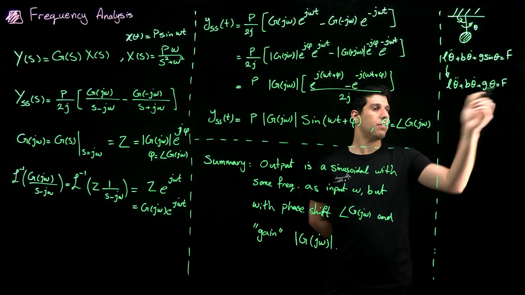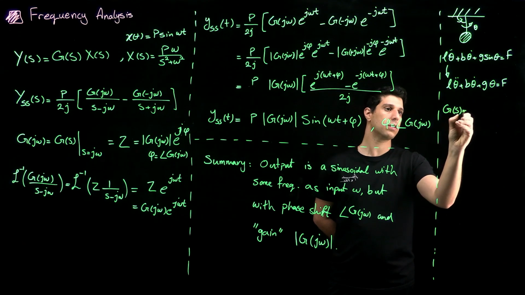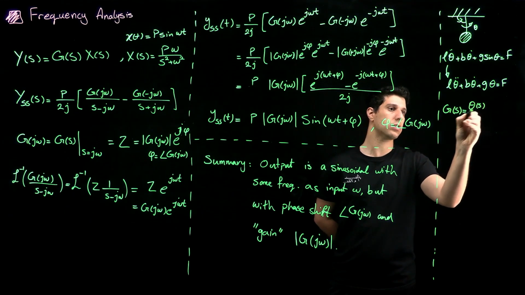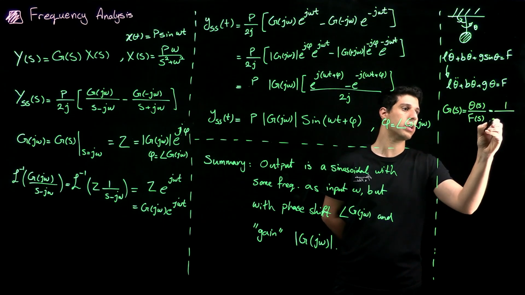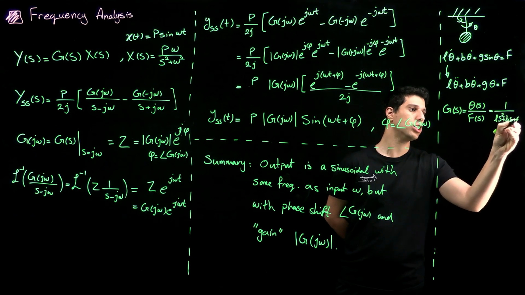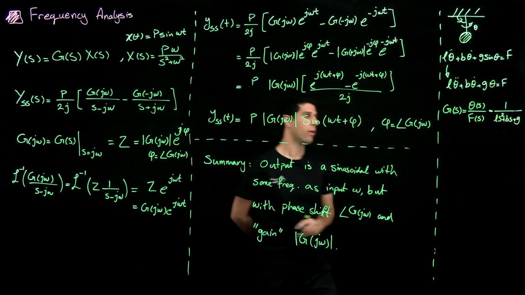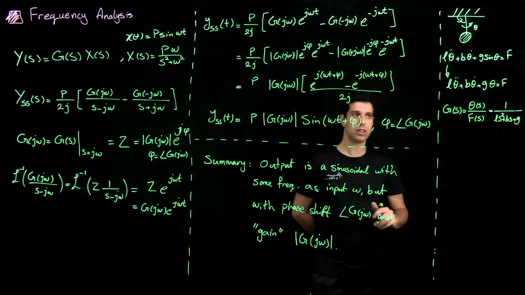And then F is the input, so the transfer function G of s, which equals theta of s over F of s, is 1 over L s squared plus B s plus G. So that is my transfer function.